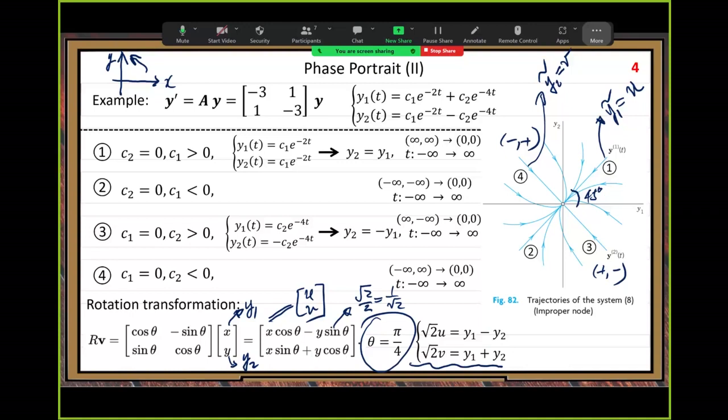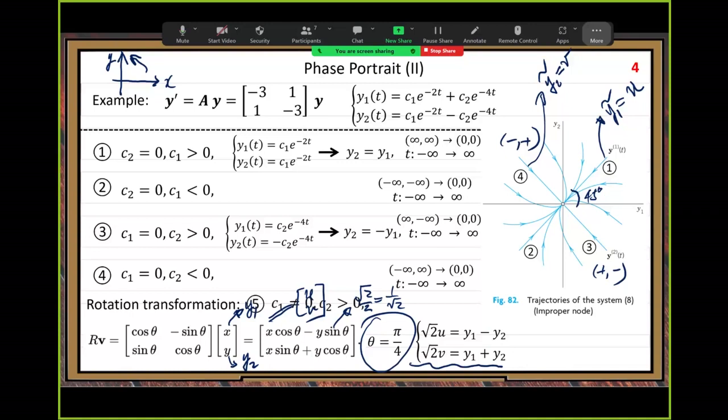Okay, so now we have this formula in the new coordinate system. Let's look at what the equation is for each trajectory. The trajectory we want to see has C1 and C2 both non-zero, because we already discussed the case where one of C1, C2 is zero.